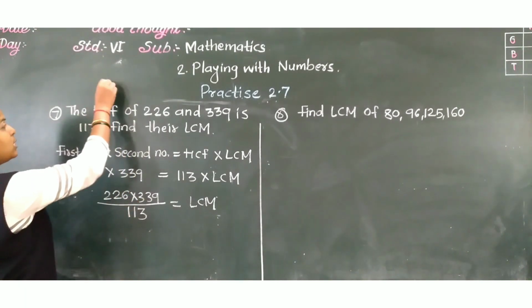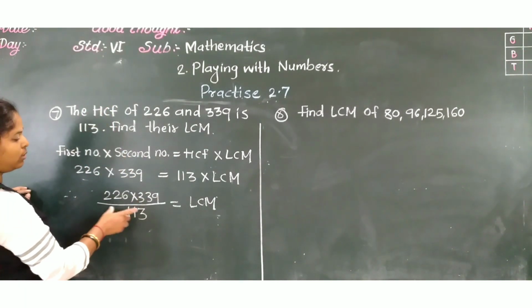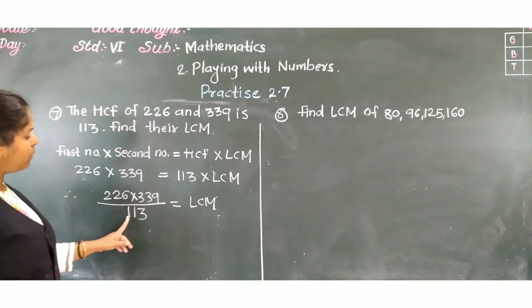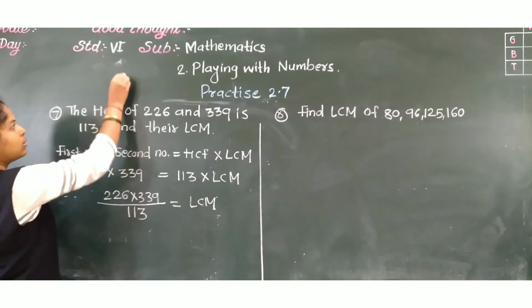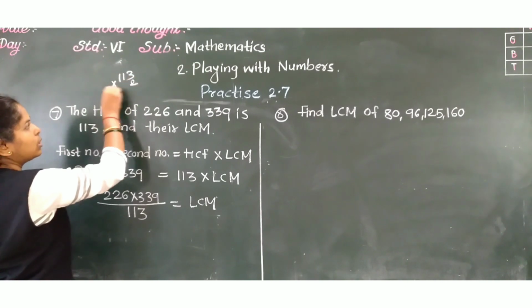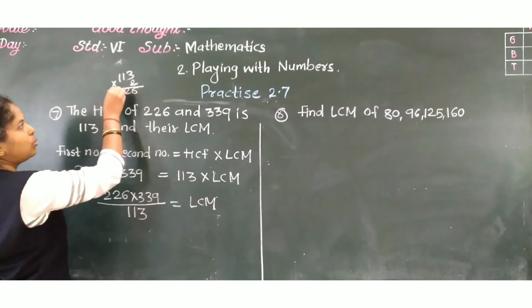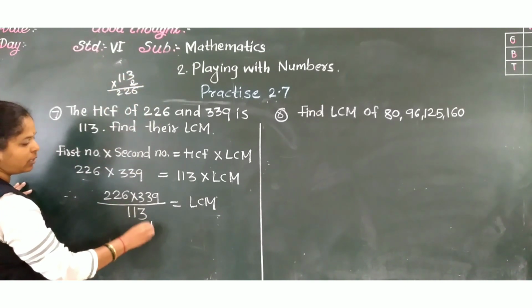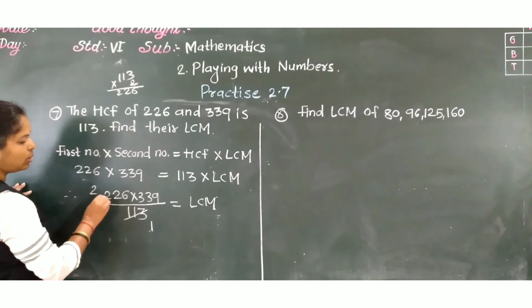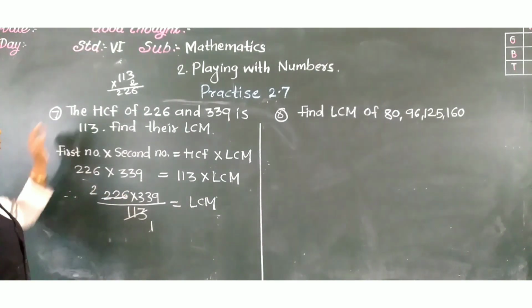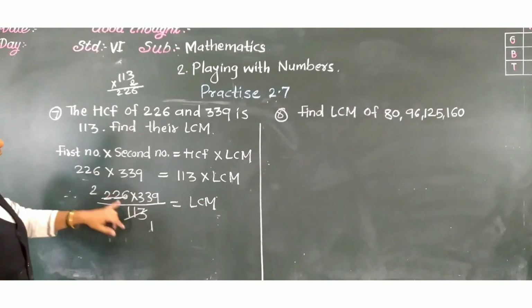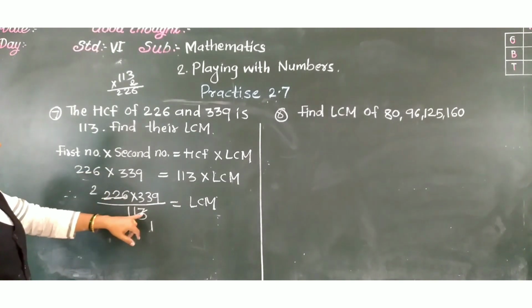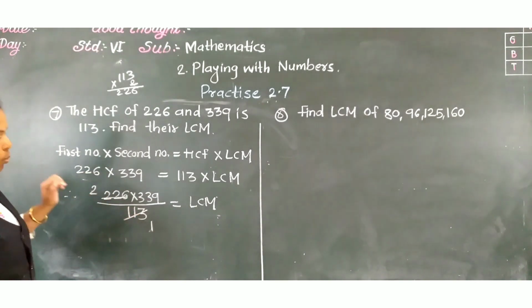Now let us see whether you can divide this one. See, 113 into 2: 2 3s are 6, 2 1s are 2, 2 1s are 2. That is 113, 2s are 226. If you divide 226 by 113, you will get answer 2.